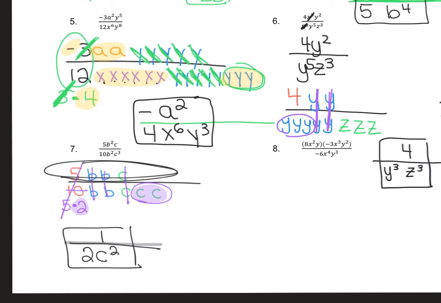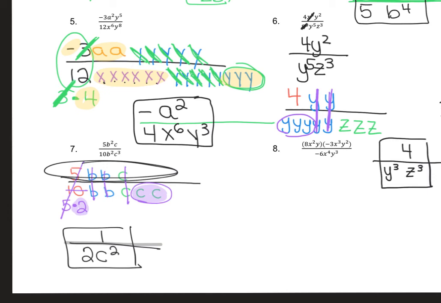All right, number 8 is a 2-stepper. So if you look, the fraction bar not only acts as division, but it also acts as a grouping symbol in and of itself. So it's saying, in terms of order of operations, I'm going to keep the bottom from you so that you have to do the top.